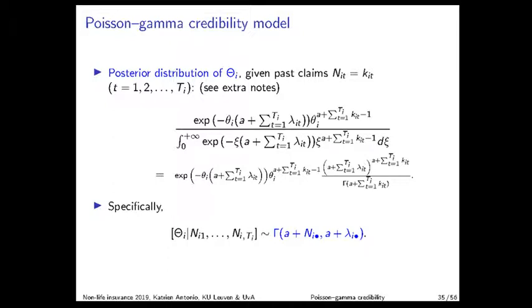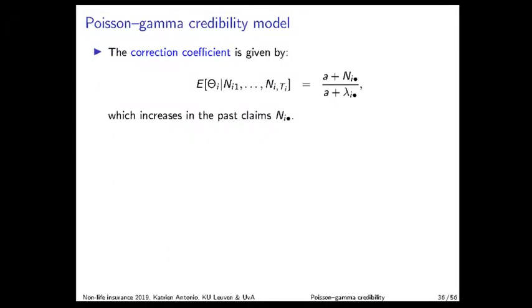The latter are the a priori premiums for the risks n_i1 until n_iti. The detailed derivation of this result is again documented in the extra notes available in the lecture material and should be studied.